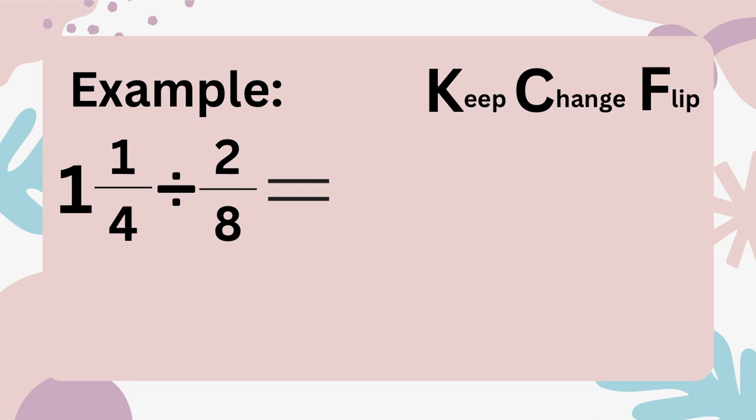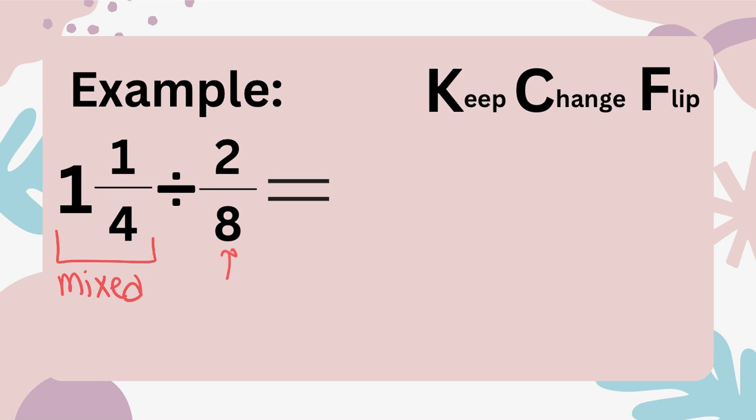So in this example, we have a mixed number, 1 1/4, divided by a fraction. Now, a lot of times people, when they see this, just want to do keep, change, flip right away. But we can only do keep, change, flip if we don't have a mixed number. And in this case, we do have a mixed number. So we first have to change that into an improper fraction.